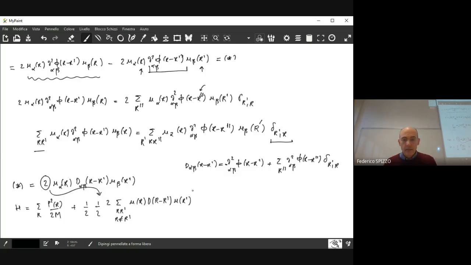So this can be simplified with this. So we have just the D, 1/2 in front of that. And, sorry, I forgot the equilibrium term.